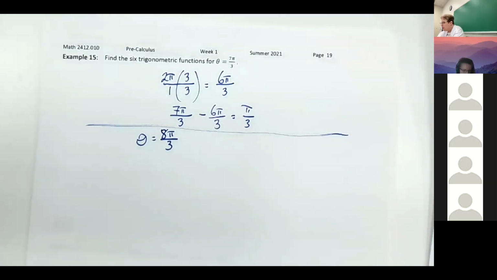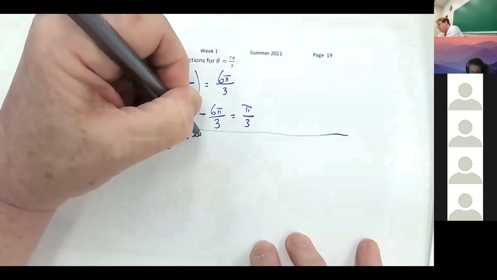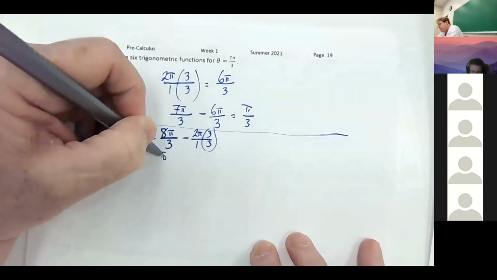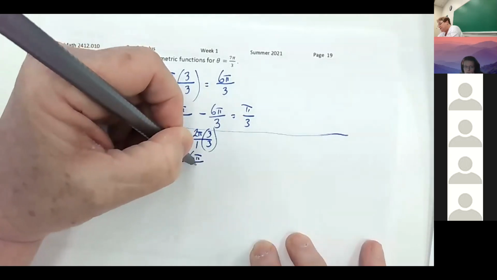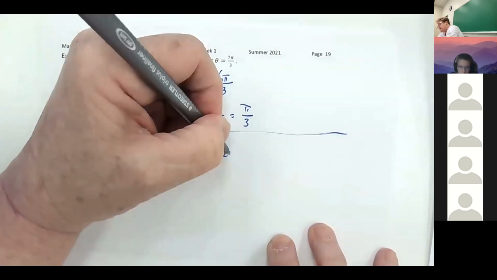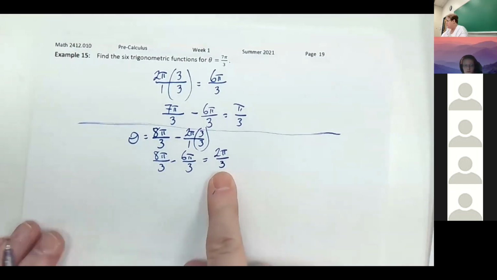How do we find the coterminal angle between 0 and 2 pi? Good. So we have 8 pi over 3 minus 6 pi over 3, which is excellent. 2 pi over 3 is in which quadrant?